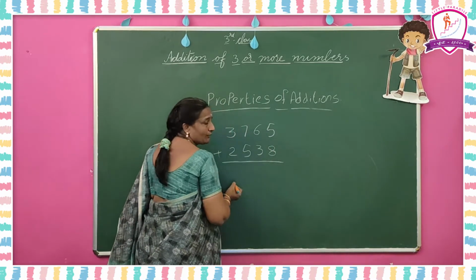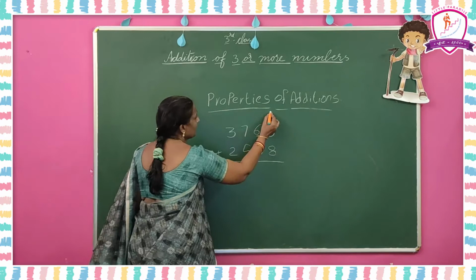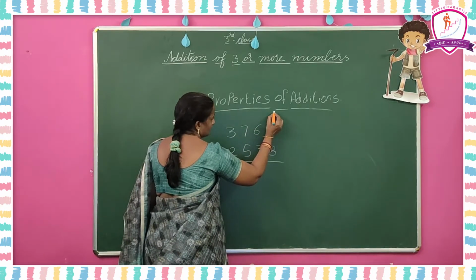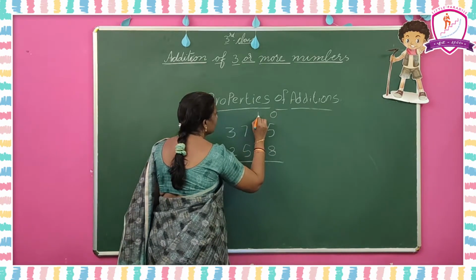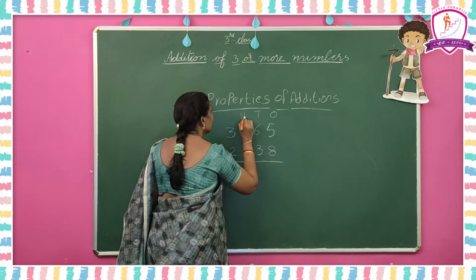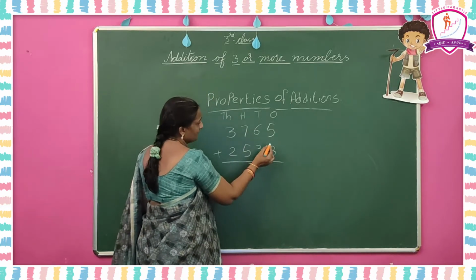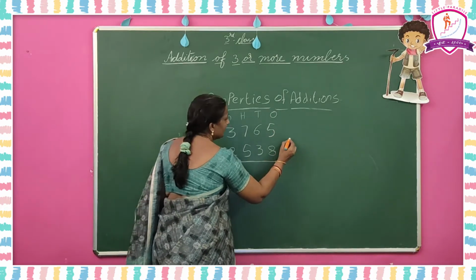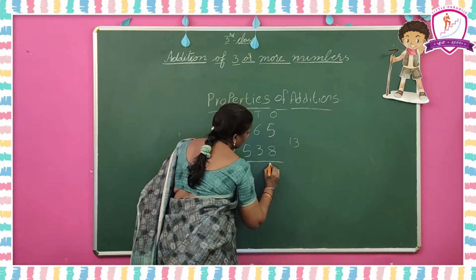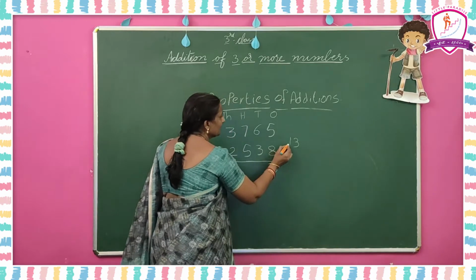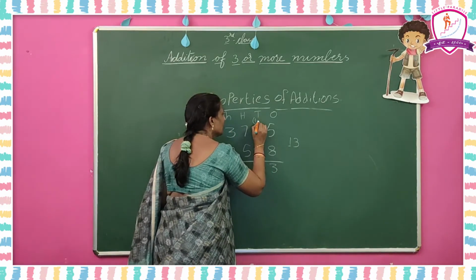Let us see what is the sum. Write the columns first, write the places first. Ones place, tens place, hundreds place, thousands place. First add ones column. 5 plus 8 is 13. Write 3 in ones column and carry forward this 1 to tens column.